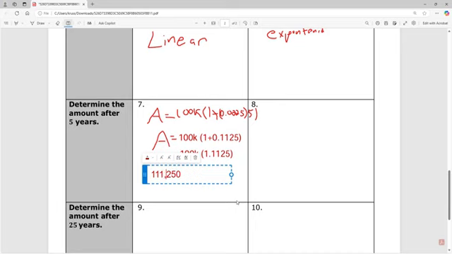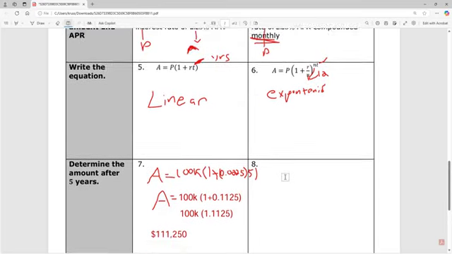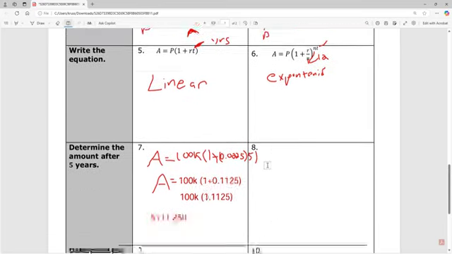Right, so you made $11,250 in 5 years. Okay. Well, let's see what happens when I compound it monthly at the same rate.